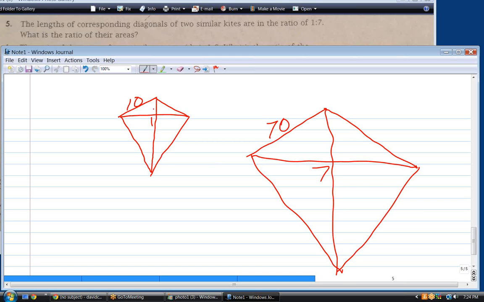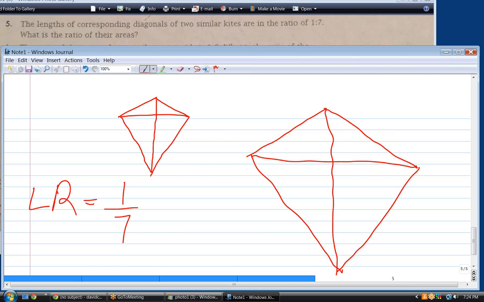If this little piece here is 2, then that's 14, and so forth. As long as you are comparing linear measurements, the ratios are going to be 7 to 1, or 1 to 7. It looks like they use small to large on every single problem. That's fine. So the linear ratio is 1 to 7. Let's write it like that.